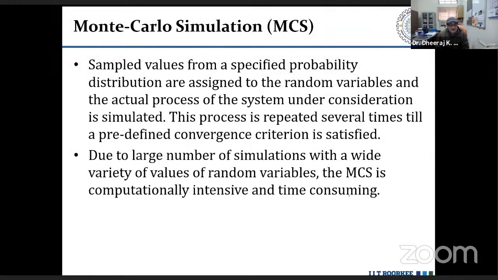So in Monte Carlo simulation, what we do, depending on the given probability distribution of random variables, we randomly sample the values, and those values are assigned to the random variables. And now we simulate the actual process.